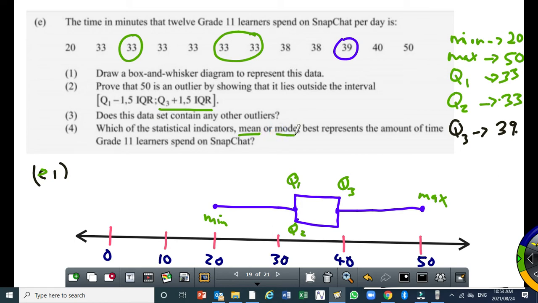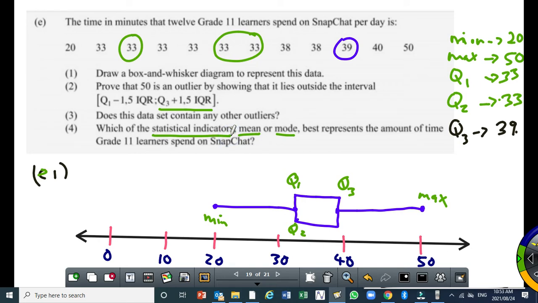We have to consider the mode because there are more values that are equivalent to the mode, and our mode here is 33. The question says the time in minutes that 12th grade learners spend on Snapchat, so 33 minutes is the mode. That's the number which appears most frequently in the data set. Therefore, our statistical indicator here cannot be the mean.